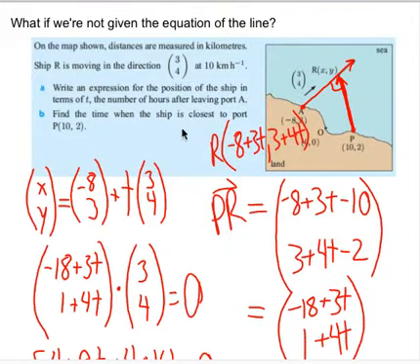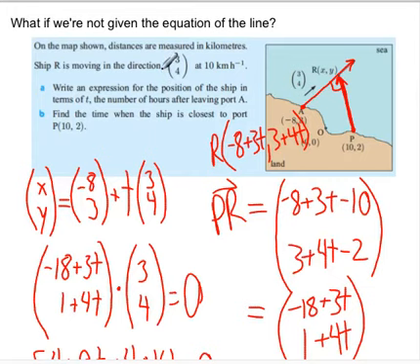Now, one thing here that we have to be careful with. That's our time using this as our velocity. What is the speed? 10 kilometers an hour. What's the speed of the vector that we used? Now look at (3, 4). What's the magnitude there? 5 kilometers an hour.